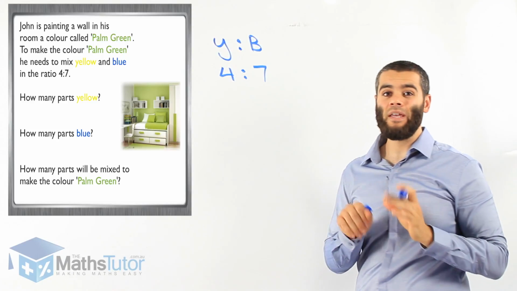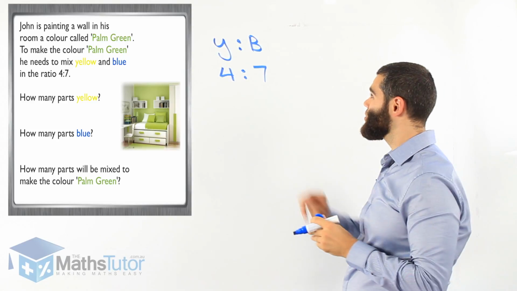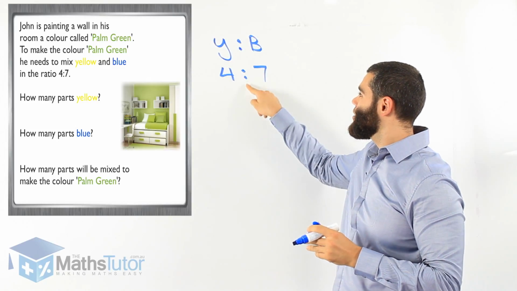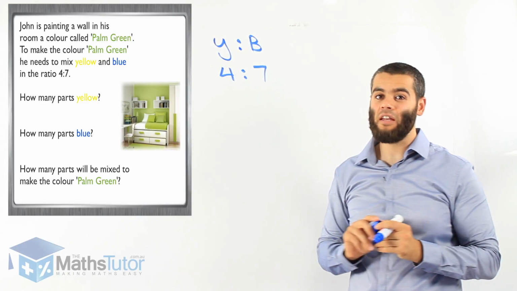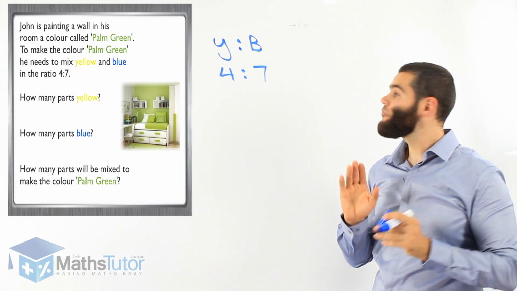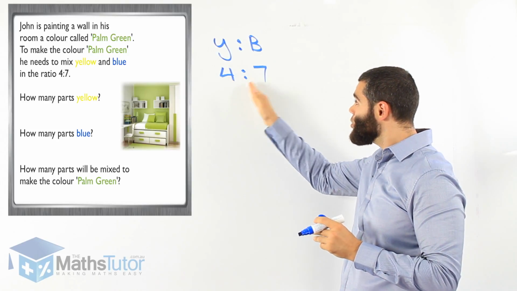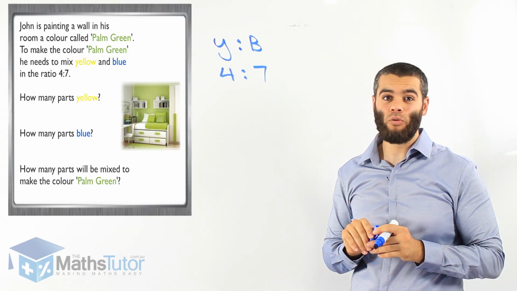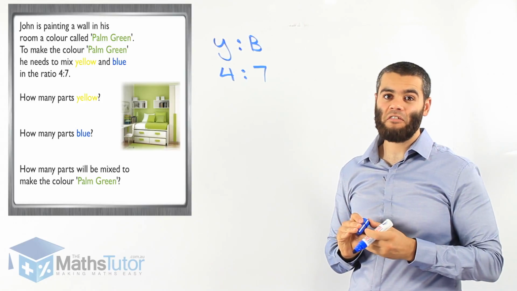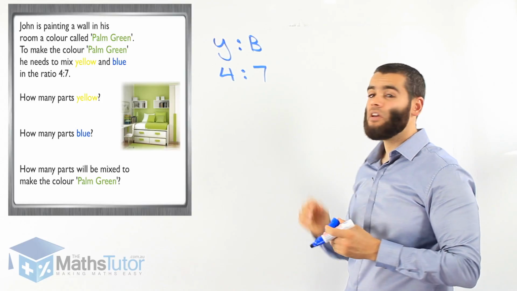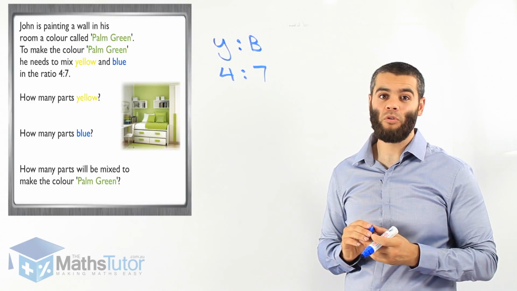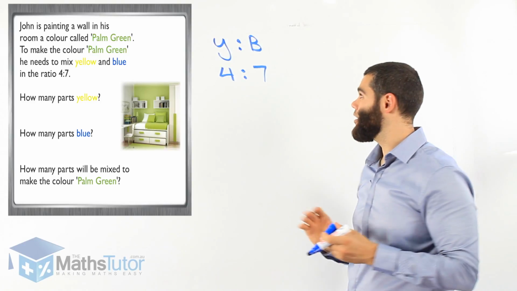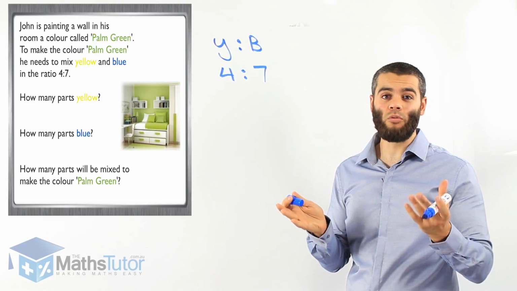Here we notice we use the ratio sign, which is the colon that you already know and have seen in English. We use it to say 4 parts yellow to 7 parts blue, meaning 4 containers of yellow mixed with 7 containers of blue, or 4 buckets of yellow and 7 buckets of blue.